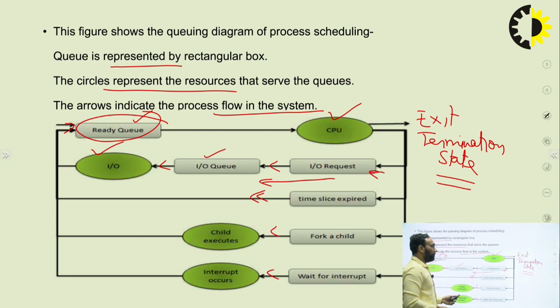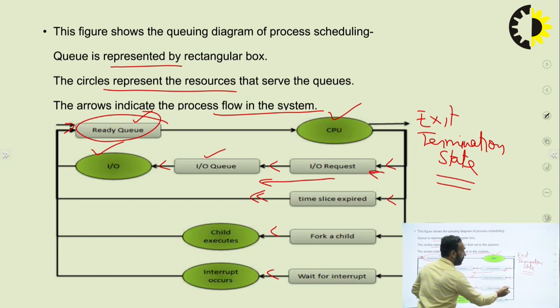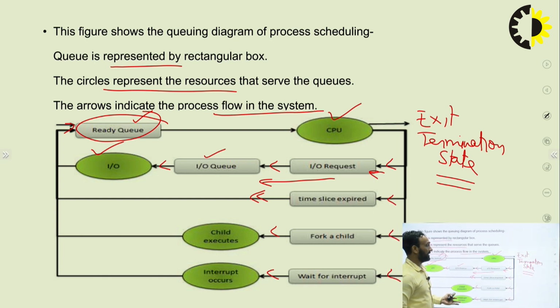So, the ready queue basically executes all the processes that go to the CPU, but a process may change its waiting state on behalf of its requested resources. It may request IO devices that may not be available at that time. It will go to the IO device, which maintains its own queue, and then queue again for execution.